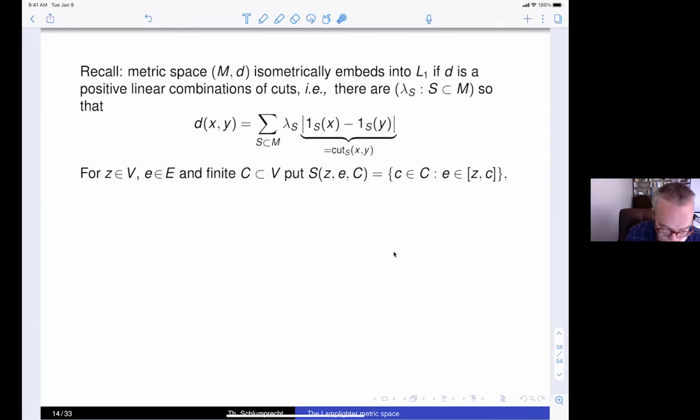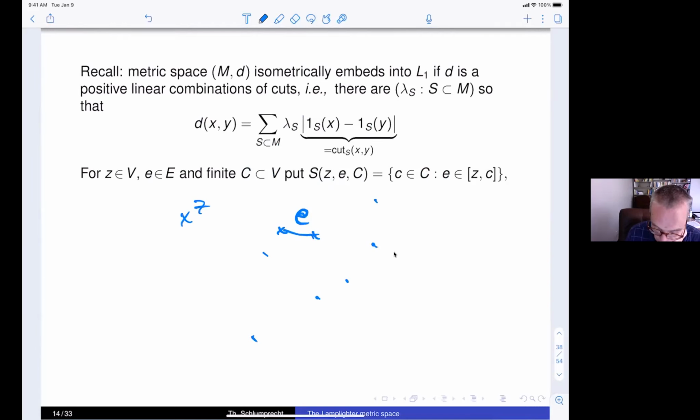Okay, so for fixed Z and for fixed E and for a finite number V, we let S_{Z,E} be the set of all elements C for which the edge E lies on the direct way from Z to C. So in other words, you have Z, and then you have some edge, and then you have points.